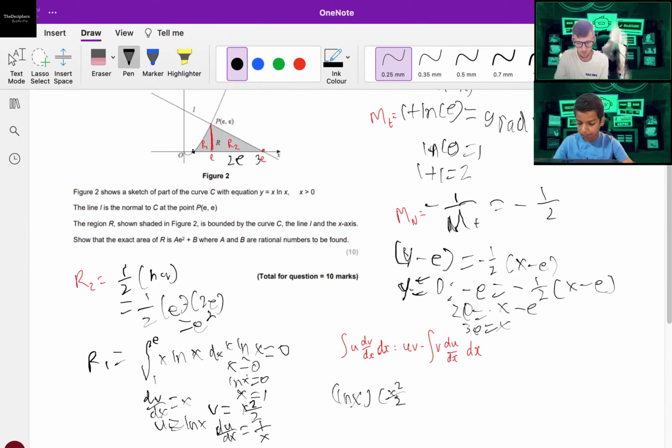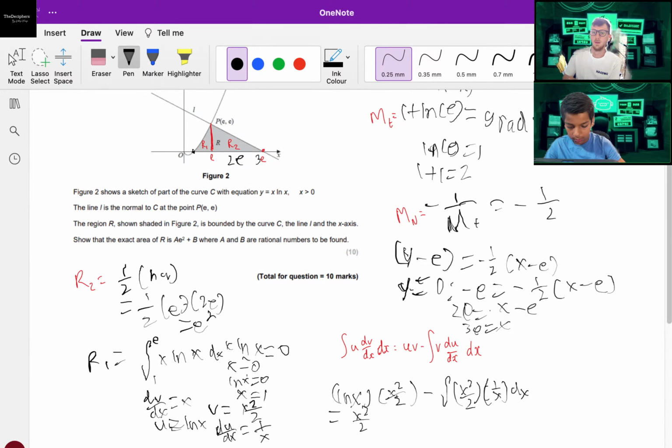So, and then that minus the integral of v, x squared and 2 times du in dx, which is 1 in x, dx, and then that is x squared in x squared times ln x.